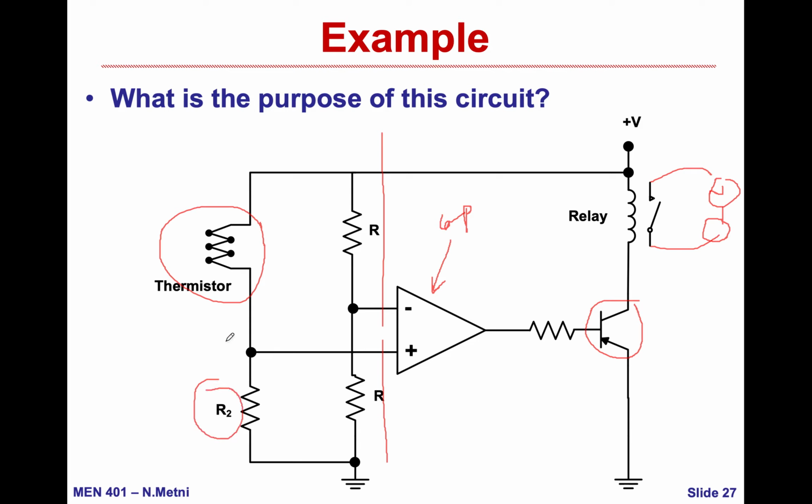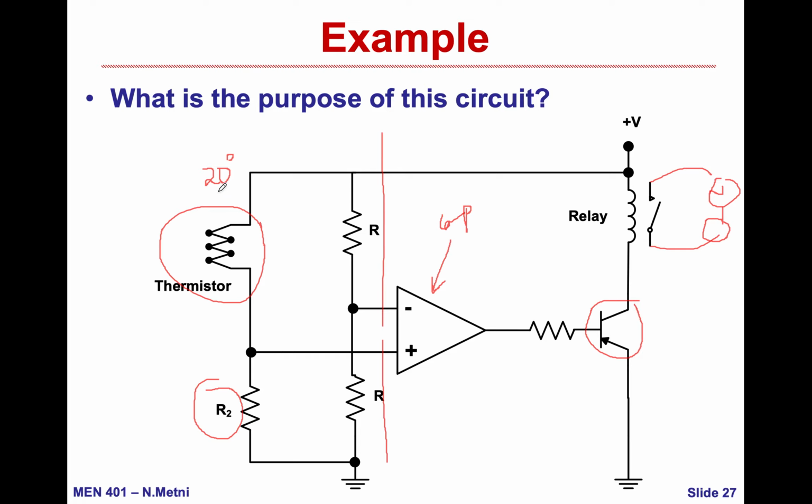If R2 is chosen to correspond to a resistance of, for example, 20 degrees, then when the resistance of the thermistor at 20 is equal to R2, I can say that the bridge is balanced because R thermistor over R2 is equal to R over R. The bridge is balanced, V out is zero, the transistor is off, the relay is not energized.